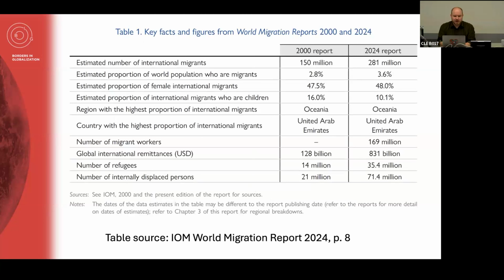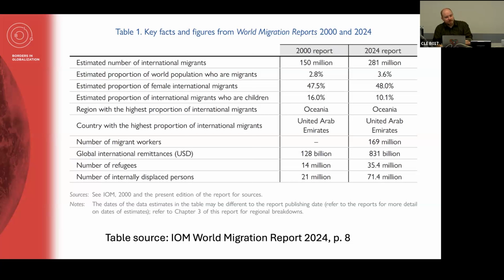This is a slide from a table taken from one of the World Migration Reports 2024. And what I like about this slide is it provides a snapshot of the growth of a lot of these numbers, comparing the 2000 numbers with the 2024 numbers. So we can see that the number of migrants around the world has almost doubled from 2000, from 150 million to 281 million.